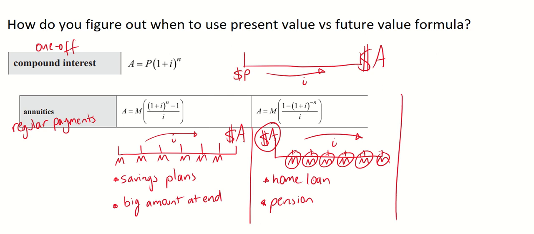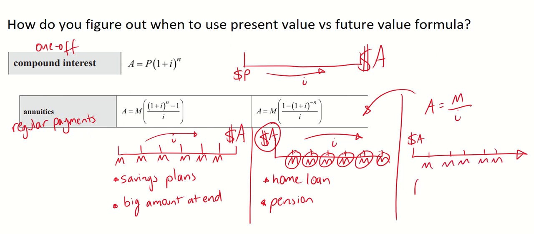There's a third formula that's not on the formula sheet currently, but it will be in the revised syllabus, which is the perpetuity formula, which is effectively the same as this formula, but it goes on forever. We start with a big amount of money and we convert it into regular payments forever. So it's called a perpetuity. The most common questions are things like scholarship funds.